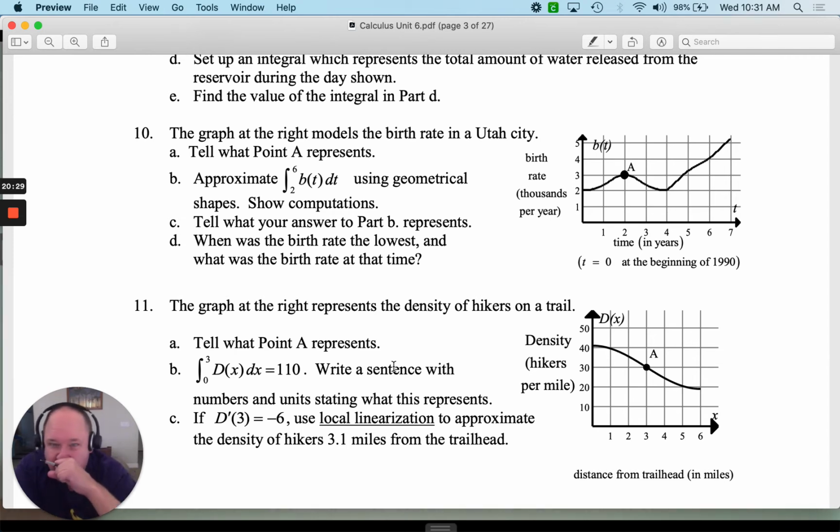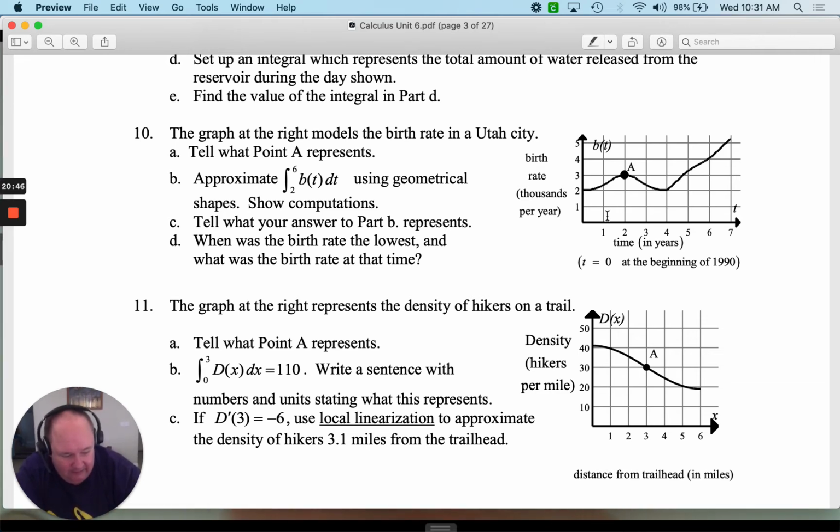When was the birth rate the lowest, and what was the birth rate at that time? So what was the lowest part of the graph? So it looks like at 1990 and 1994.